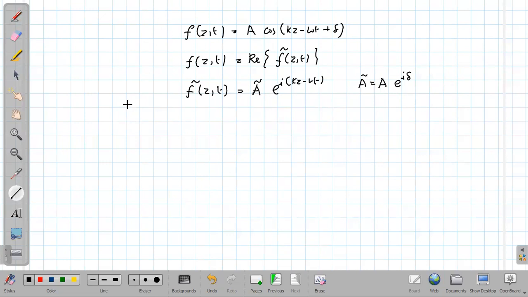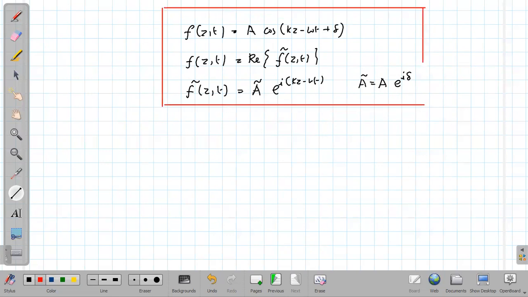Okay, so this box summarizes everything about this notation. Instead of working with f, we'll work with f tilde. We'll do all the calculations, and finally we can go back from f tilde to f by using this condition.